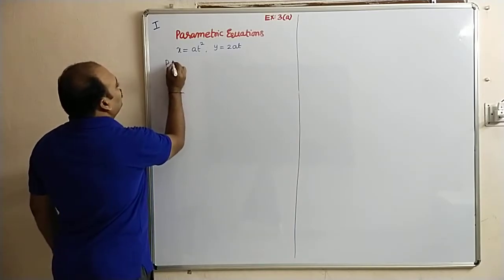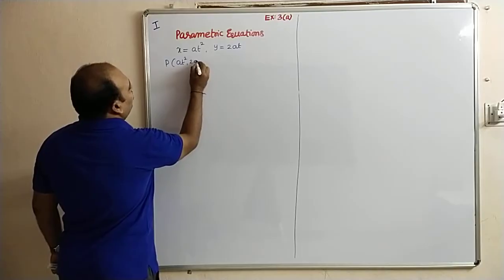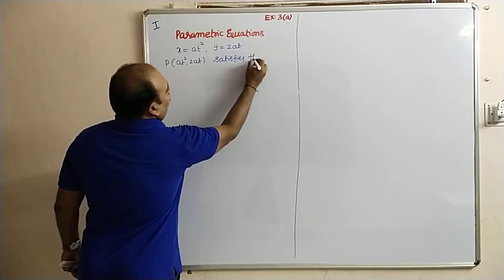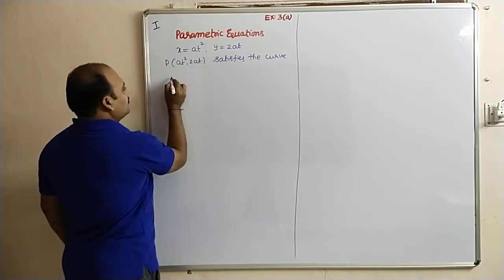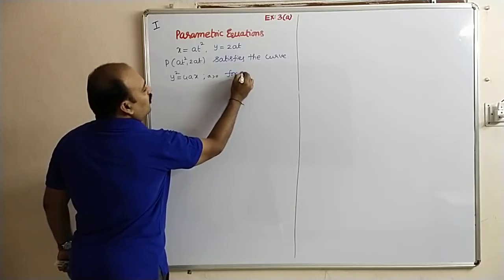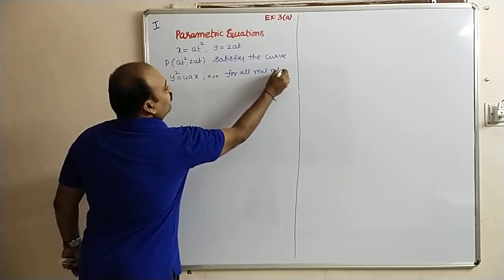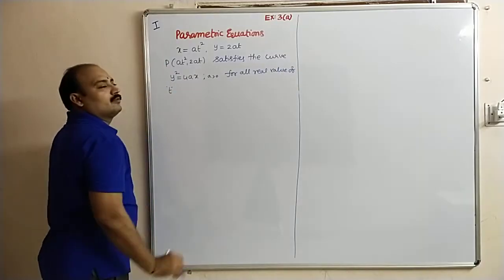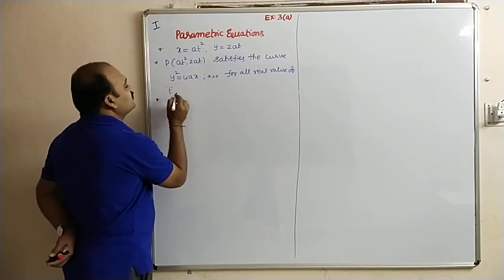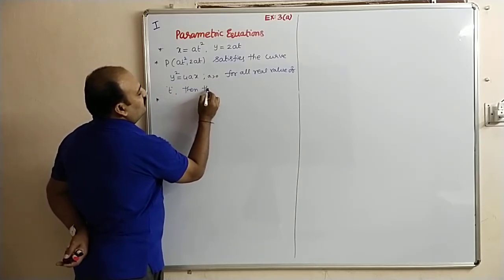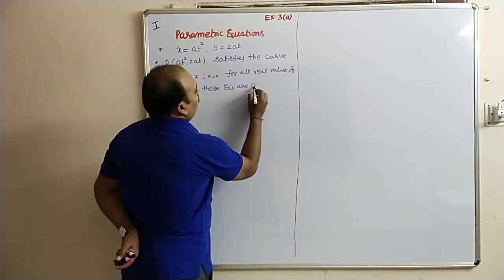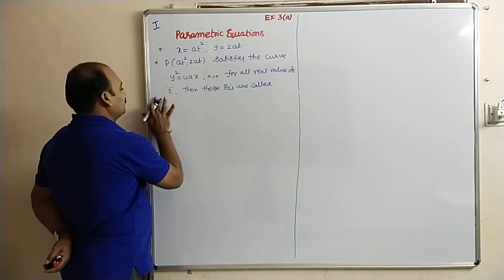Suppose if we take a point P of (at square, 2at) satisfies the curve y square equal to 4ax for all real values of t, then these equations are called parametric equations.